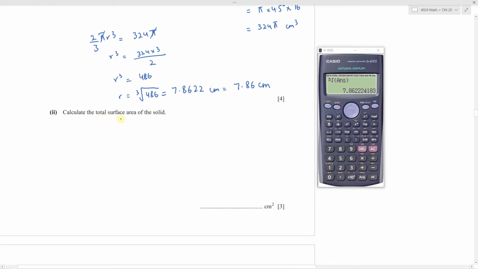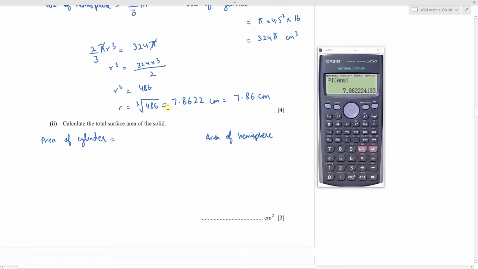The next part is calculate the total surface area of the solid. So total surface area will be area of cylinder plus area of hemisphere. So we'll calculate these separately and then add them together to get the total surface area of the solid. So first let's look at the area of the cylinder.